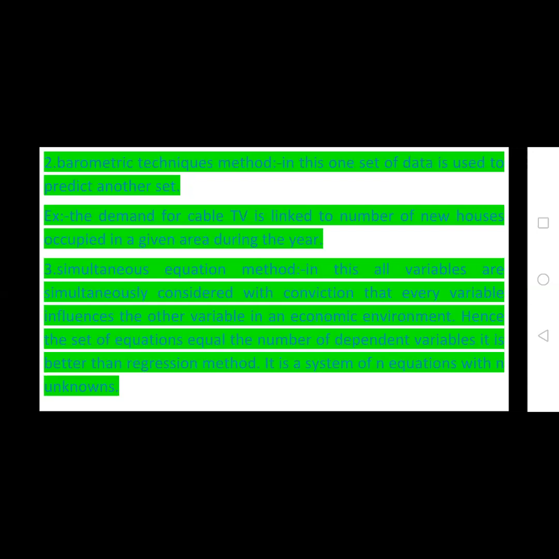So in simultaneous equations, if you take cable connections as one of the variables, it depends upon the number of new TV purchases, the number of new houses occupied, and the increase in customer income. Plotting all these equations together, the system we consider is called the simultaneous equation method.